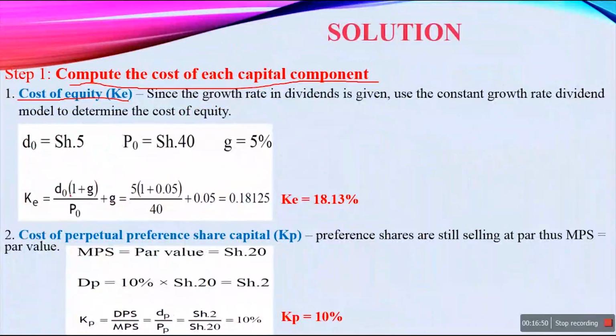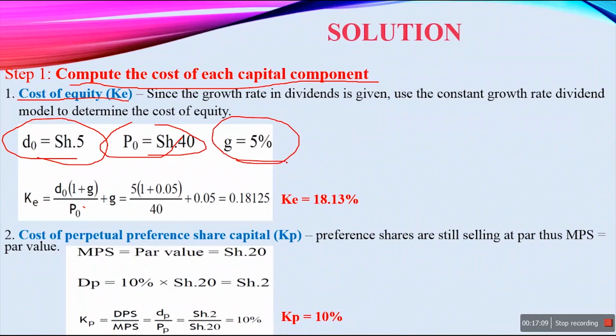Based on the second formula, cost of equity is given by D naught into 1 plus G divided by P naught, added to G. In this case, our D naught, the dividend per share, was 5 shillings. The P naught, the current market price, was 40 shillings, and the growth rate is 5%.